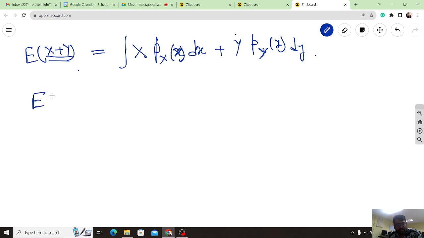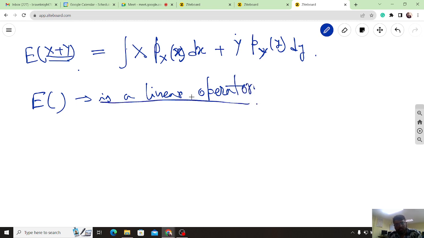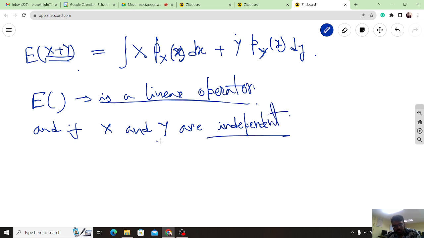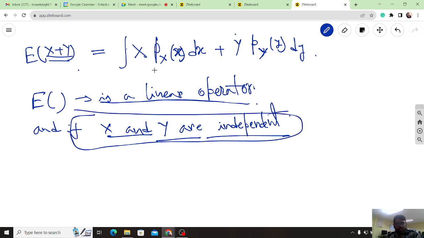this expectation is a linear operator, and if X and Y are independent, then I can just separate both of them.